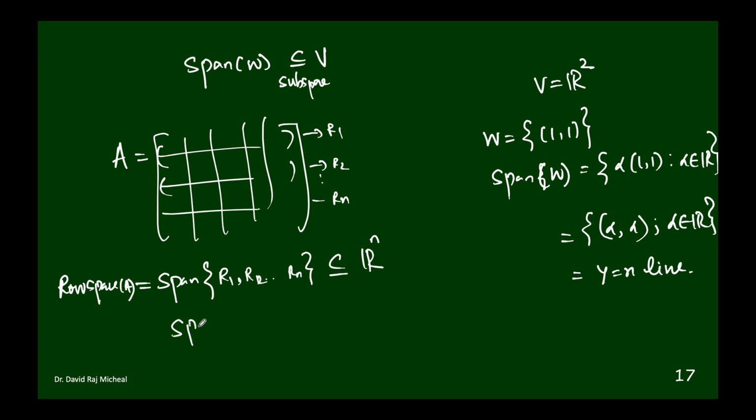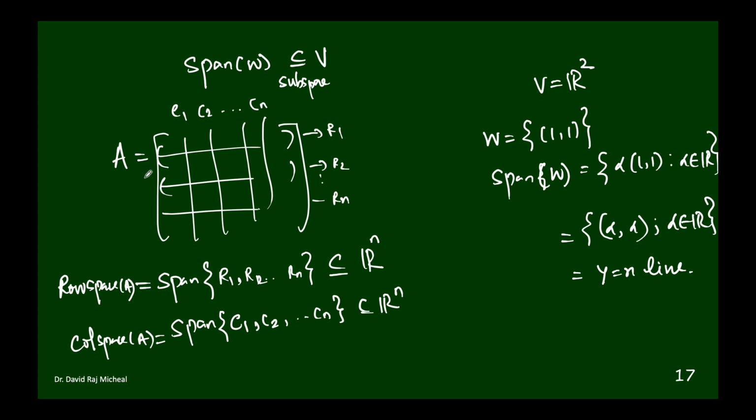Similarly, one can take the span of the columns, because columns are also vectors. Therefore, the span of C1, C2, and so on up to Cn, which is completely contained in Rn, is also a subspace of Rn, and that has a special name called the column space of A.